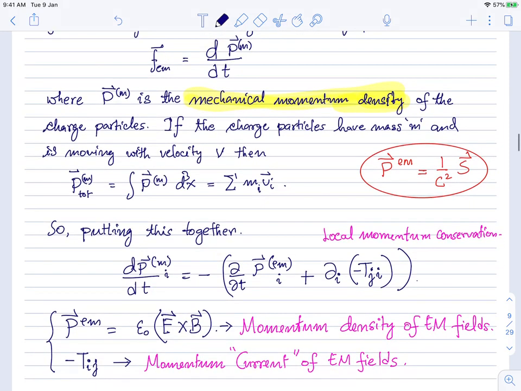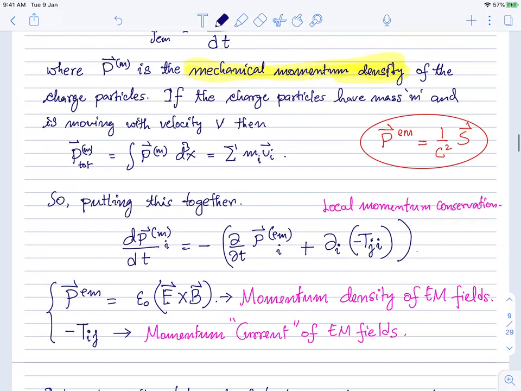So again, the local statement here is the following. Because this is the local statement, I should write partial derivatives here. As I said before, EM stands for momentum in electromagnetic fields, or electric and magnetic fields momentum.